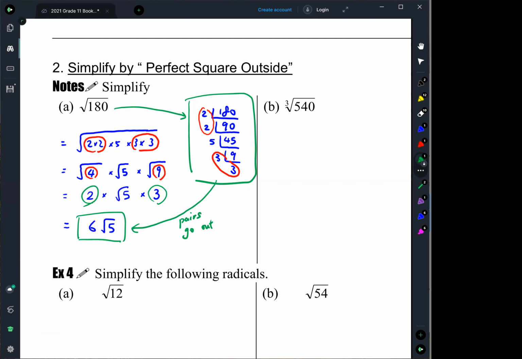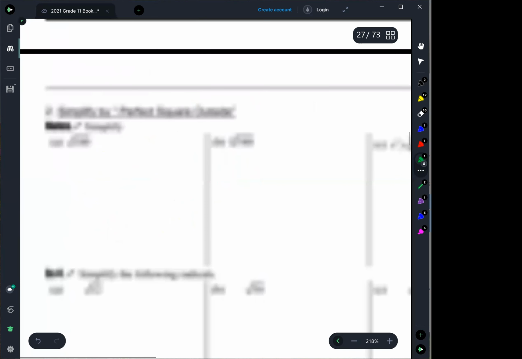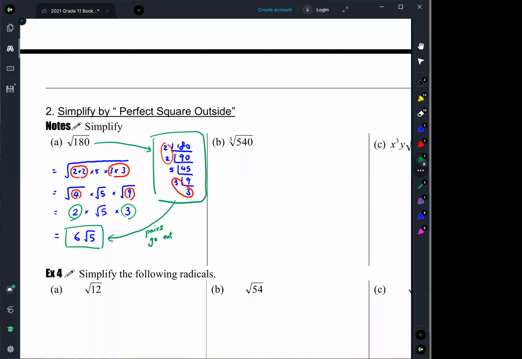If it's a cube root, then instead of pairs, we need triplets. You need a perfect cube in order to leave the radical sign. Same idea. This time, I'll let you break down the factors by yourself, and we're going to do it the faster way.